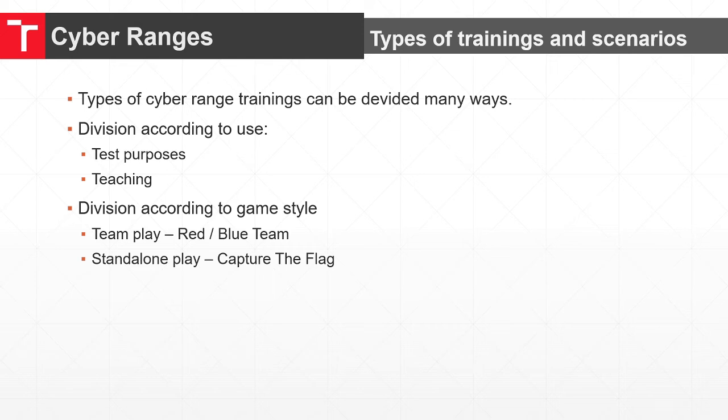Team play is based on the cooperation of two or more teams. Two teams, blue and red, are commonly used, with one team, most often red, representing the attackers, and the blue team representing the defenders. The red team is trying to take control of the blue team's infrastructure, and the blue team is trying to protect its infrastructure in real time.